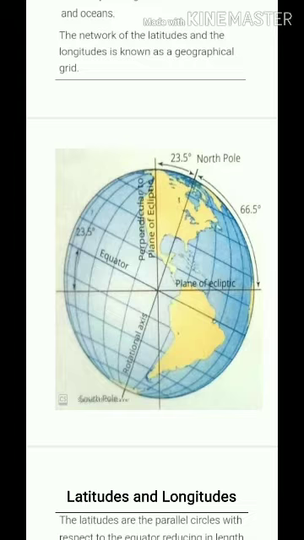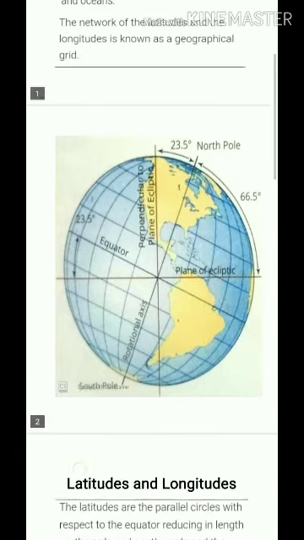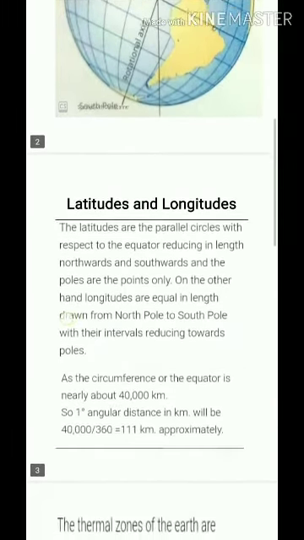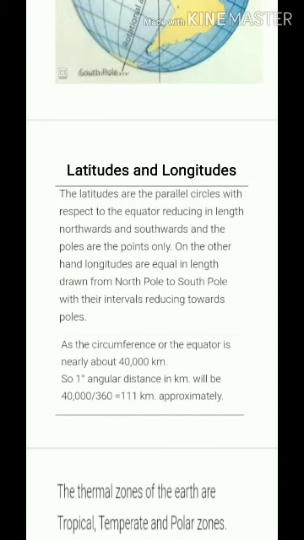These lines are known as the latitudes and longitudes. Latitudes are parallel circles with respect to the equator, reducing in length northwards and southwards, and the poles are points only.